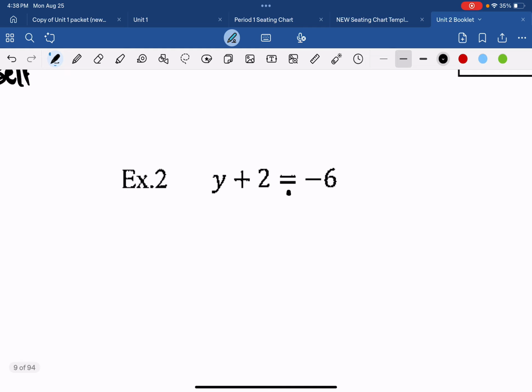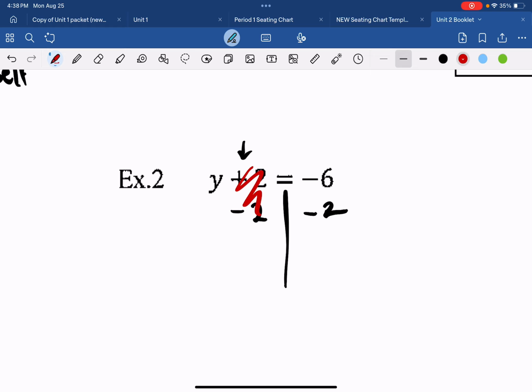All right, for number 2, you should have subtracted 2 from both sides because we had to do the inverse. This resulted in my 2s going away. My y comes down, and I get negative 6 minus 2 gives me negative 8.